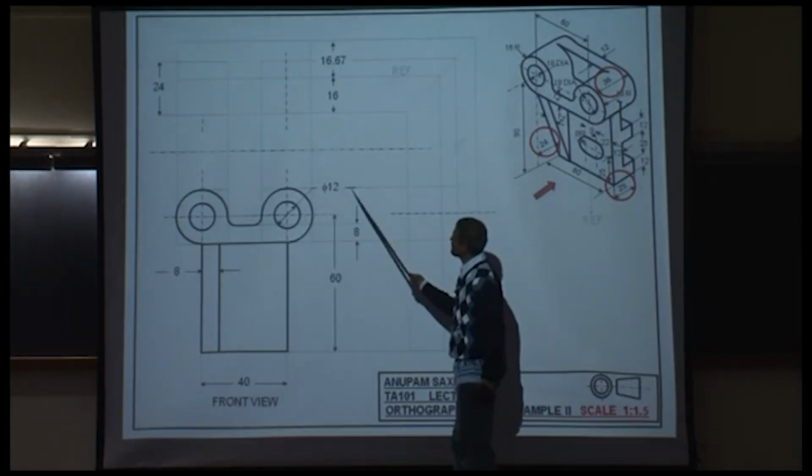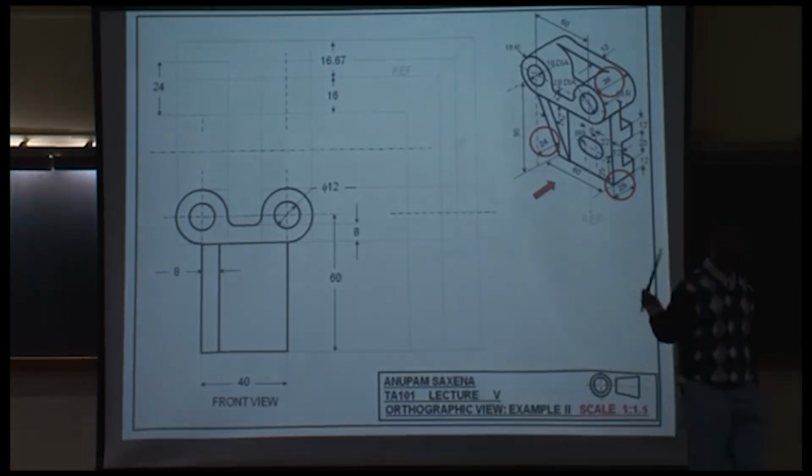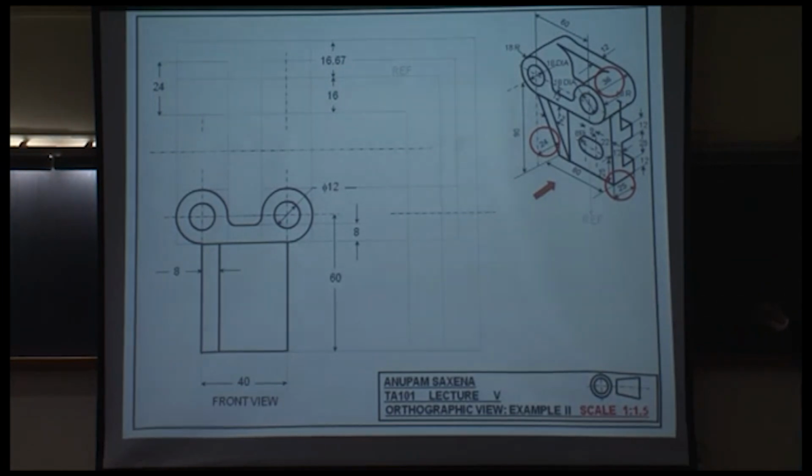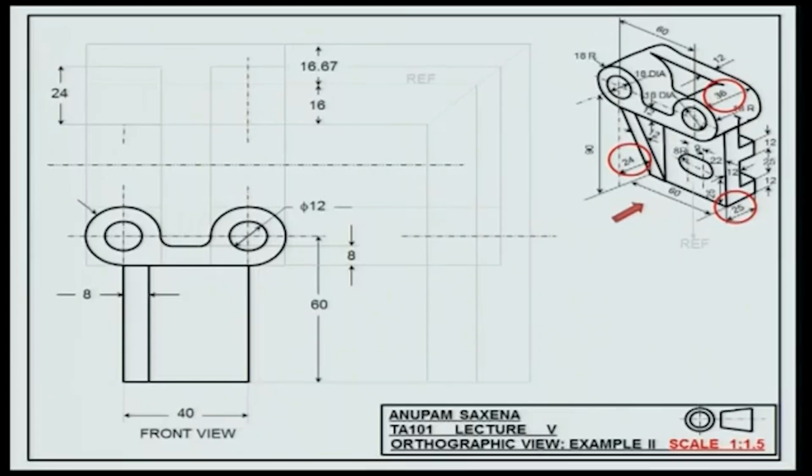What is this part of the dimensioning called? Leader. Angled at 45 degrees to the horizontal and then followed by a horizontal line. This is R12.